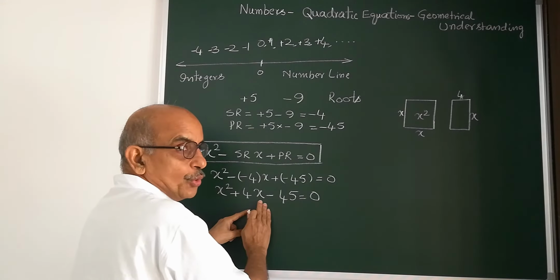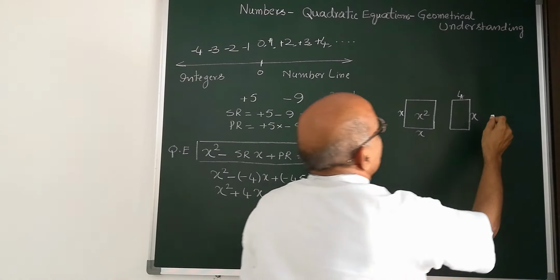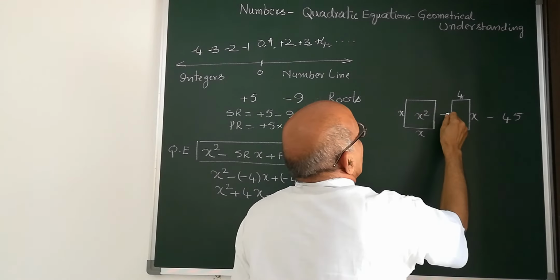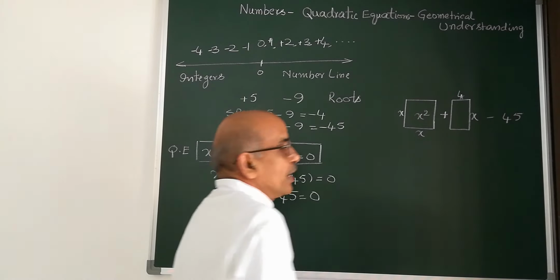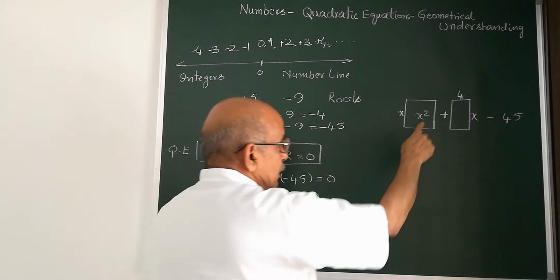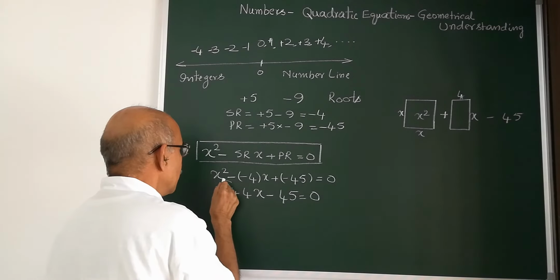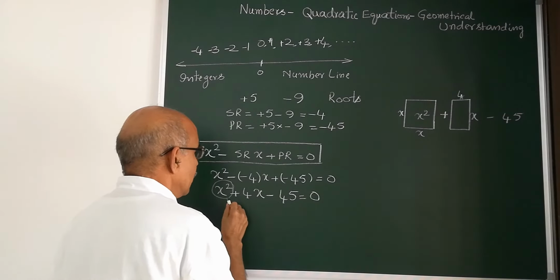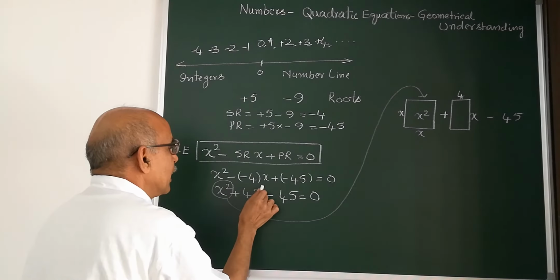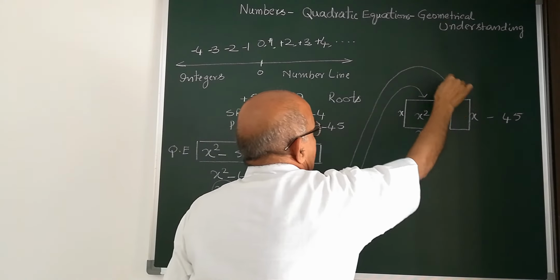We are adding these two, and whatever we get, if you subtract 45, this will tally. x square plus 4x minus 45. Now let us see these two shapes we will design here. So this first term x square represents this square, and the second term 4x represents this rectangle.